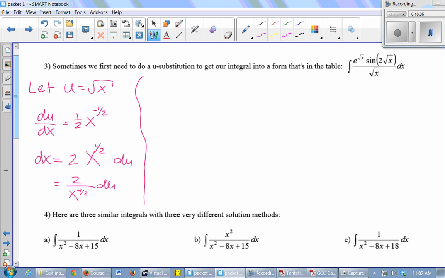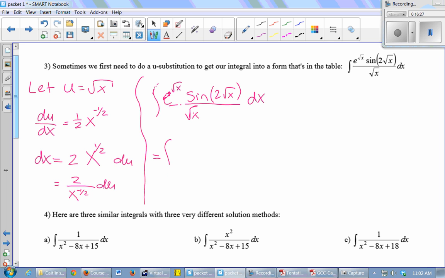All right, so I have my original integral, e to the square root of x times the sine of 2 square root x over square root x dx. Then I make my substitutions.